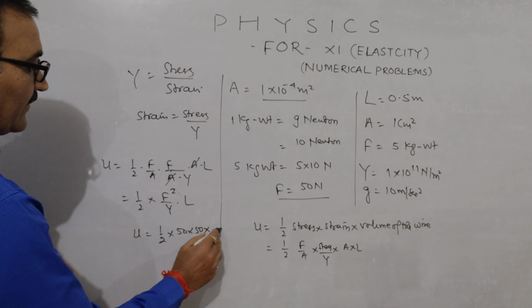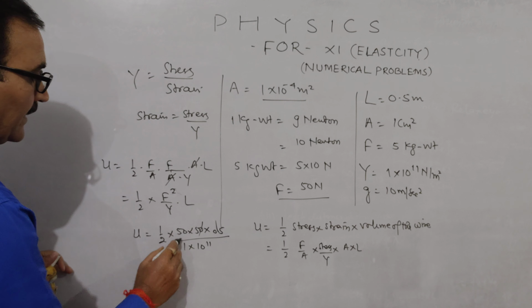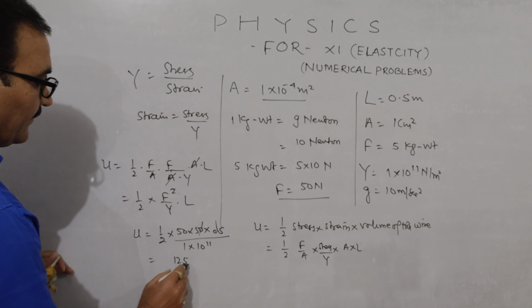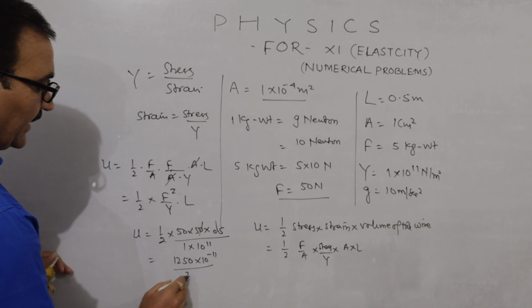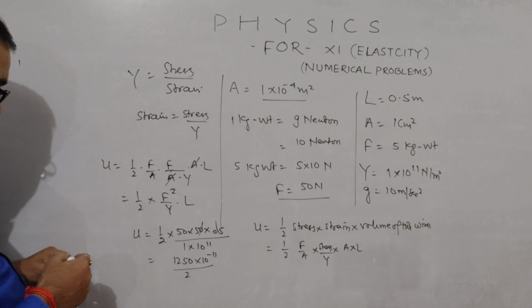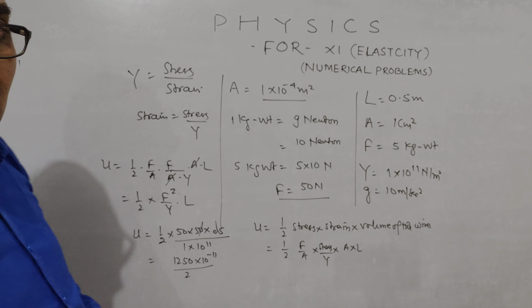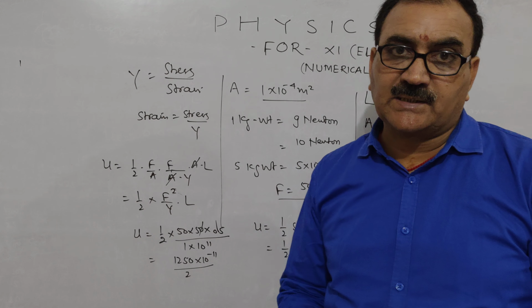Clear? So you get 1250 into 10 to the power minus 11 upon 2. On dividing, you get the value of how much work has been done in compressing the wire, and that will be stored in the brass wire in the form of elastic potential energy.